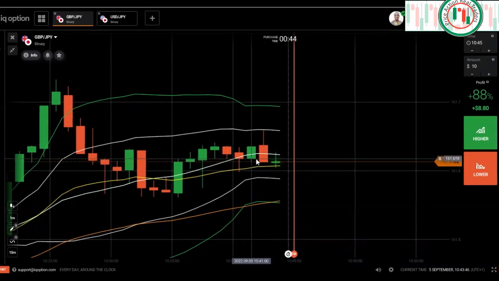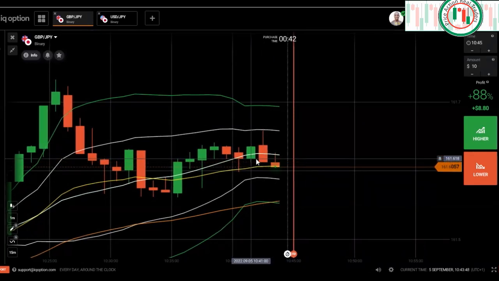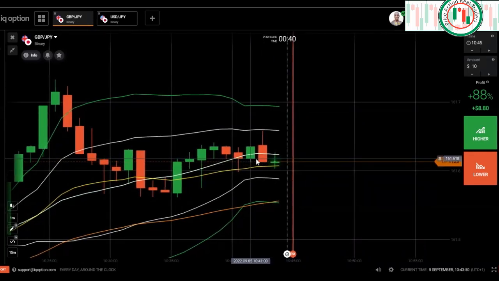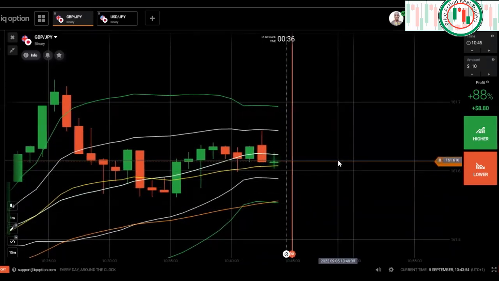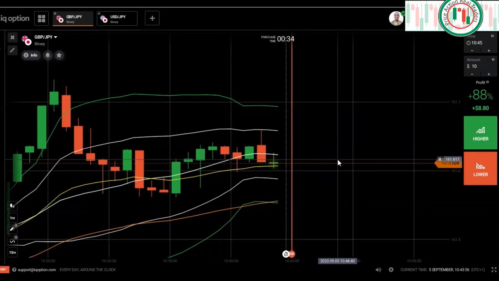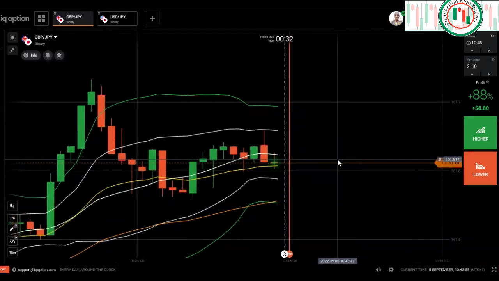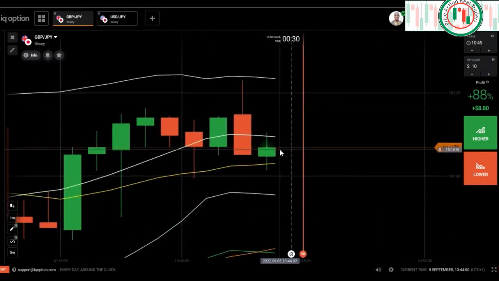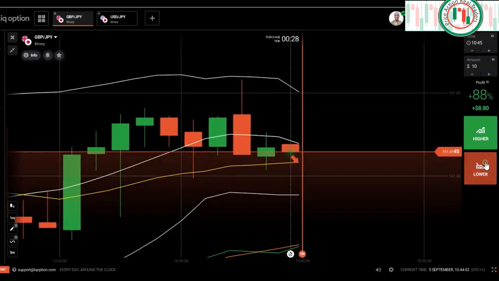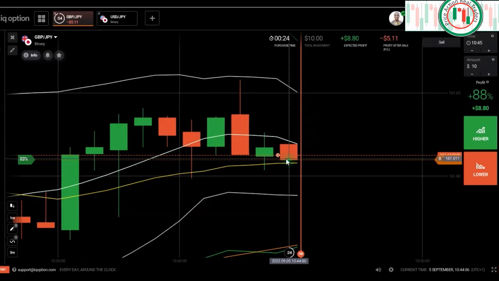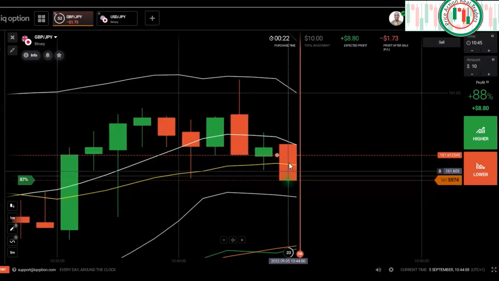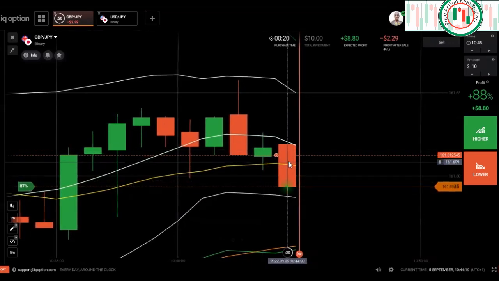So you see here, this is engulfing. I will place put option here, even though it is late entry, but I know definitely market must go down.